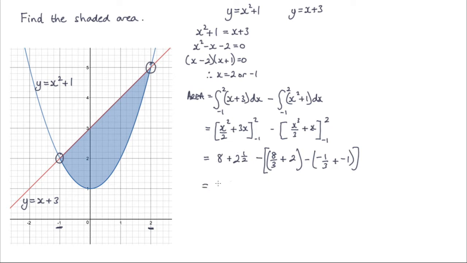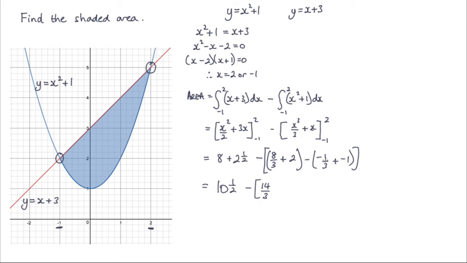Okay, so here we have 10.5 minus this bracket here, 8 over 3 plus 2. Well, 2 is 6 over 3, so that'll give me 14 over 3. Here we've got -1 over 3 and -1. Well, -1 is -3 over 3, so that's -4 over 3.